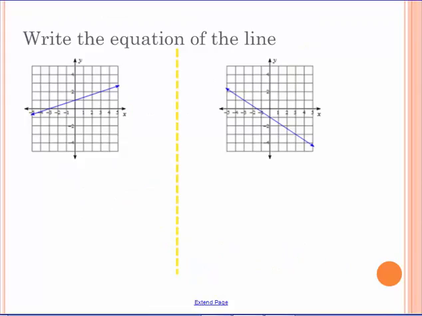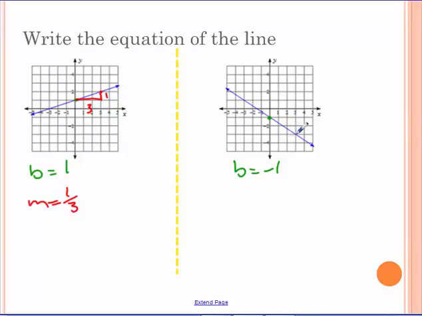Next, let's go ahead and write an equation from a line. The easiest thing to get from a line is your y-intercept. This one right here is 1. Let's go ahead and do this one over here. It's actually negative 1. Now I want to find my slope. So what I'm going to do is look for another point that is on one of these corners of the grid, and I'm going to do rise over run. This one's rise of 1, run of 3. So my slope is 1/3.